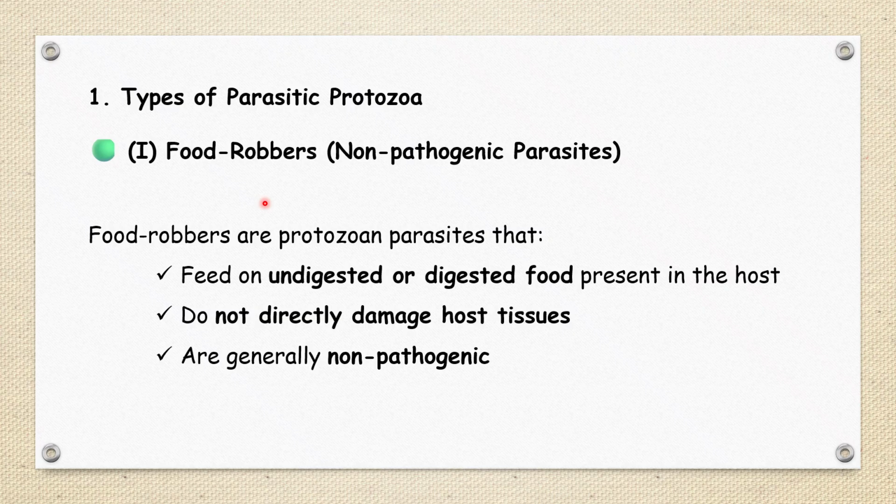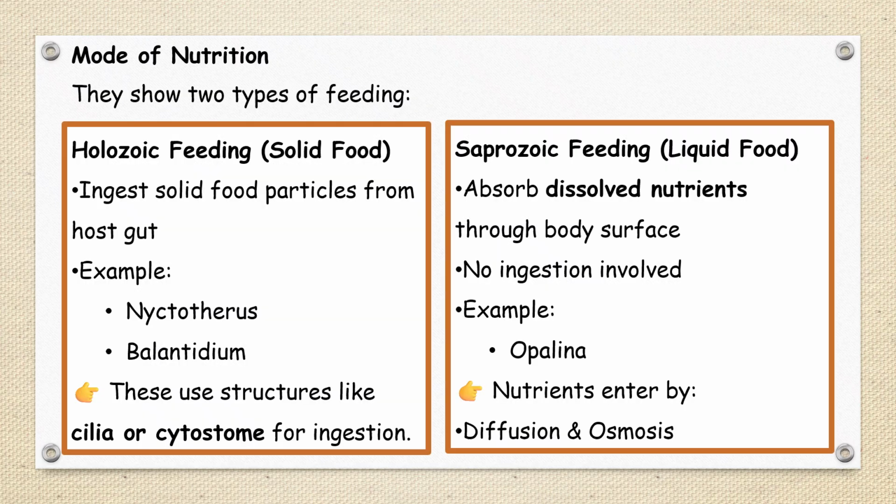That is why we call them food robbers, which are non-pathogenic parasites basically, and they only feed on undigested or digested food which is present inside the host body, and they're not going to damage the host tissue. So that is why they are food robbers or non-pathogenic parasites.